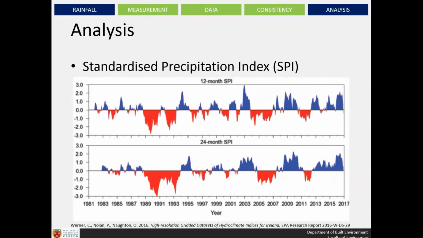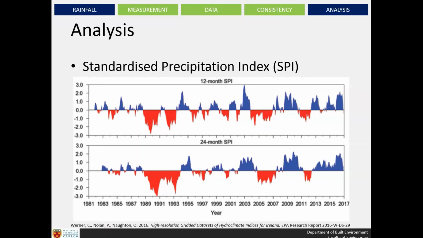And I'll just briefly introduce 2 other rainfall analysis techniques. The first is the standardized precipitation index, which was developed as a drought indicator based solely on rainfall. The number on the y-axis is the number of standard deviations that the observed cumulative rainfall deviates from the long-term average. So you compare the cumulative rainfall for a given period, for example 30 days, 60 days, 12 months, 24 months, with the long-term average rainfall for that period.